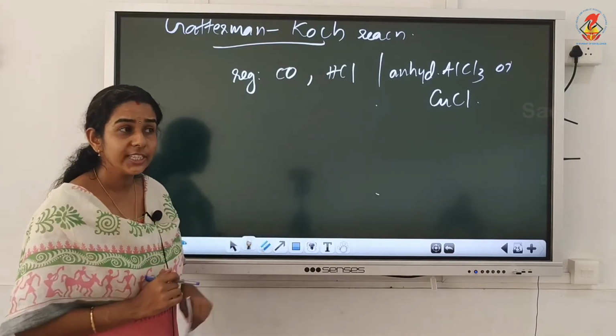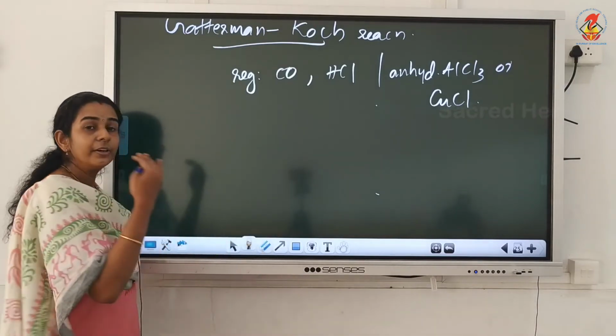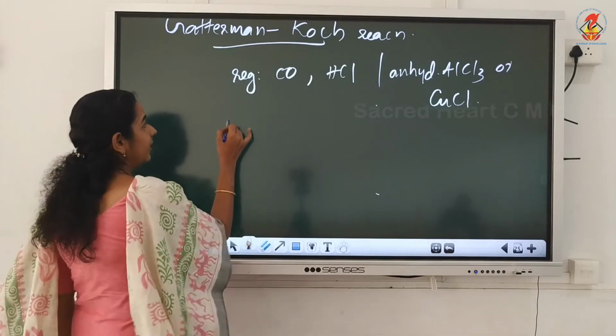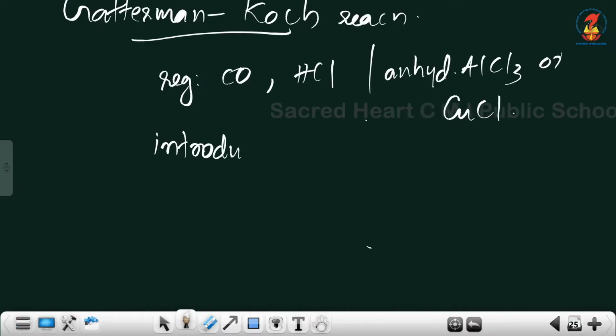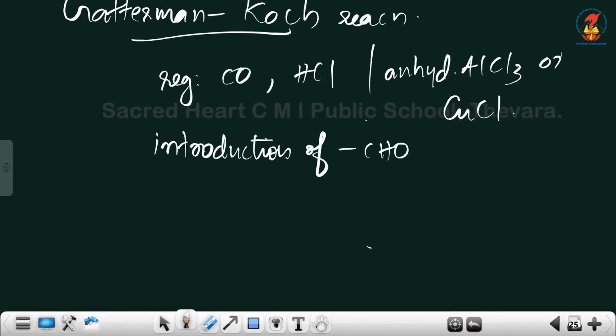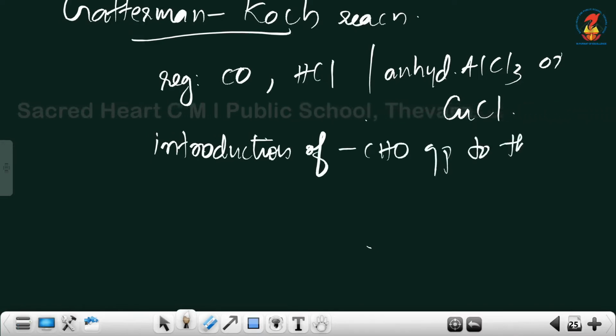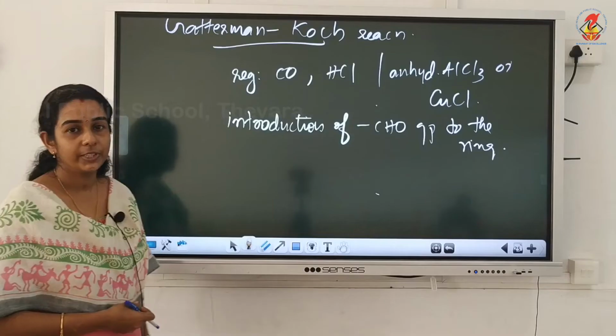Then what is the reaction taking place here? Here we are introducing the CHO group to the ring. Which ring? Benzene ring.